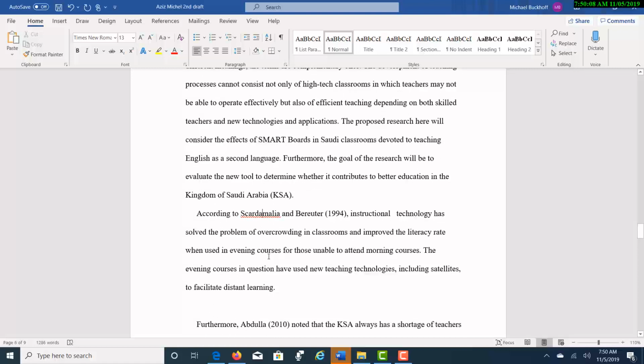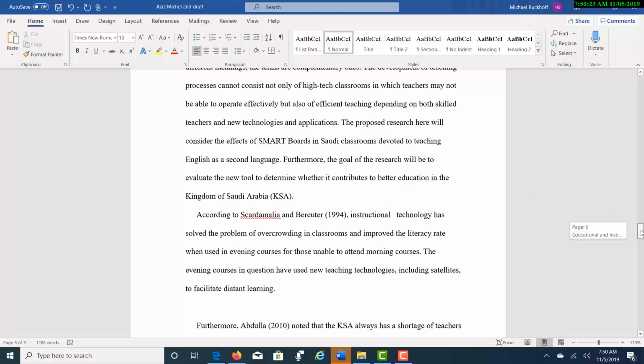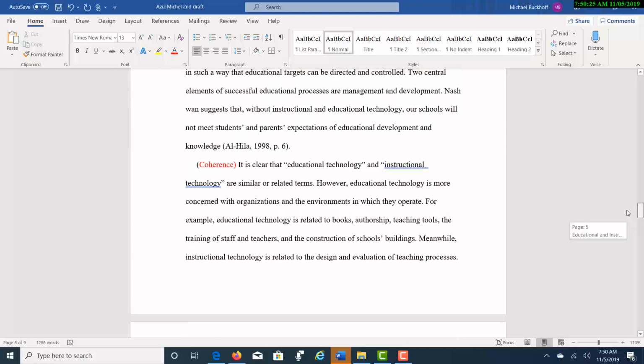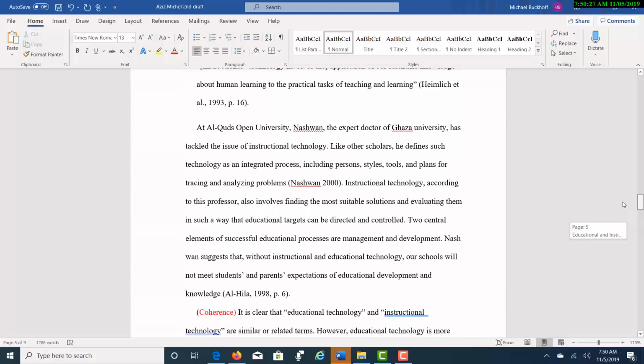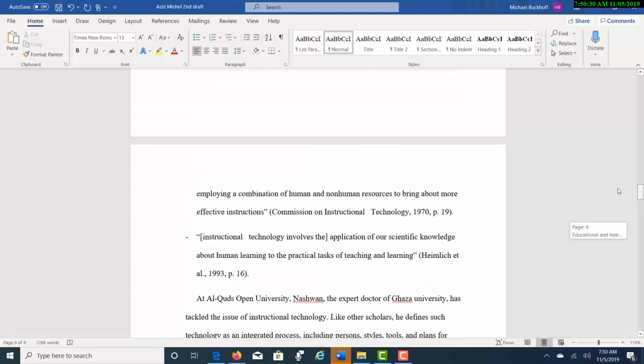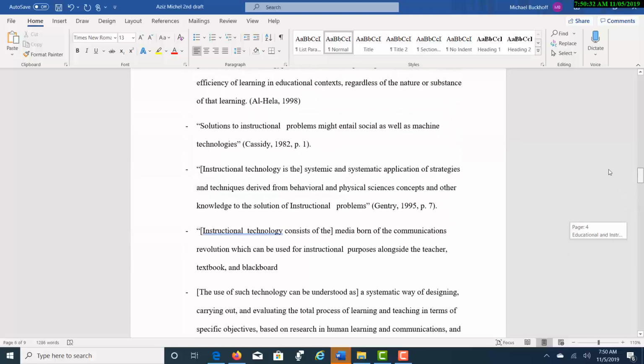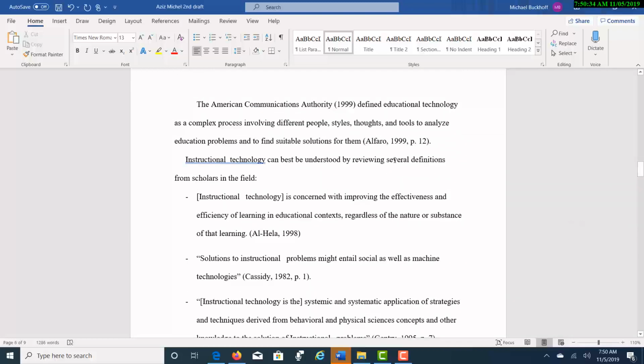According to Scardamalia and Berruter, instructional technology has solved the problem of overcrowding. And I don't know, it looks like before when you're mentioning sources, you're using the past tense. Am I right? Not the present perfect? Let me go back to what you've been doing. You said has tackled here. You say defined technology as.